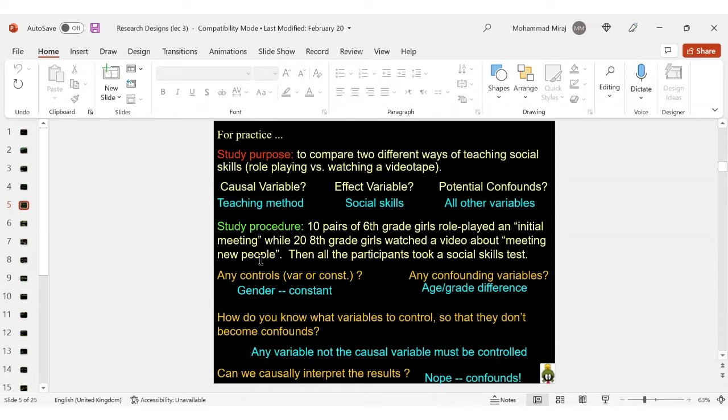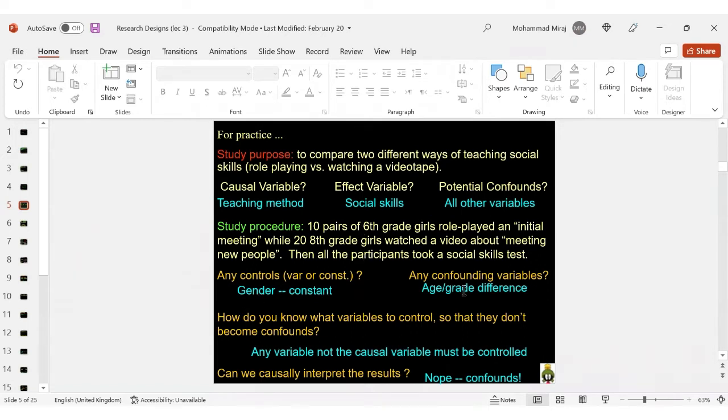Here in one group we have taken the 10 pairs, and 10 pairs means 20 people, so 20 girl students in each group. Then all the participants took the social skills test. Now what is varying over here? See, the constant factor is the gender, because all of them are girls.